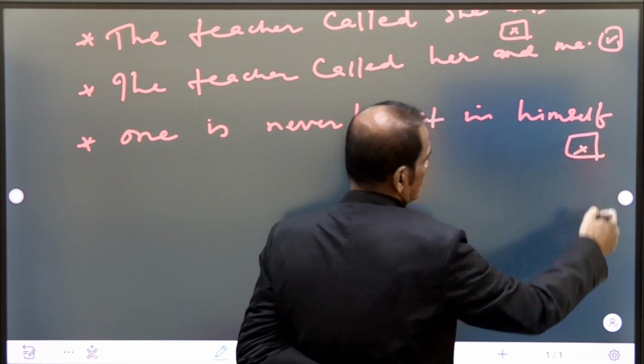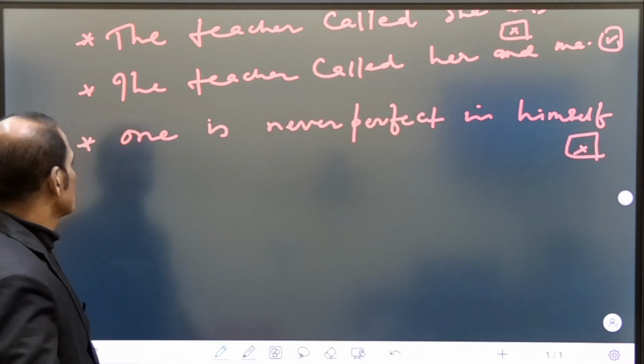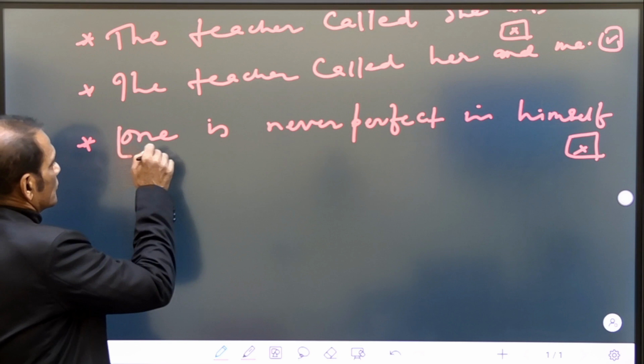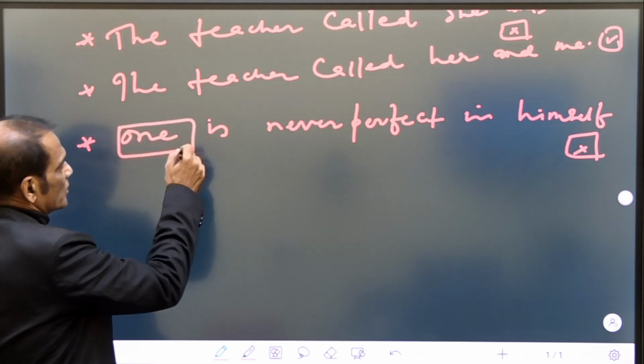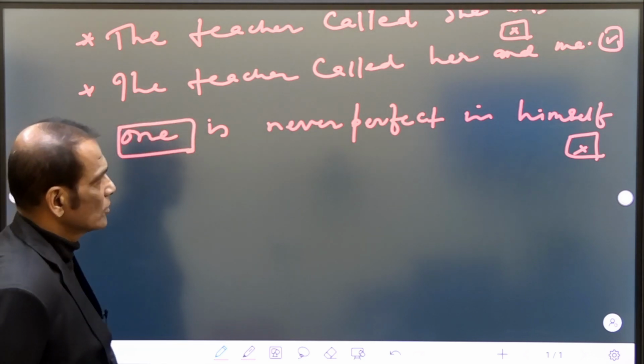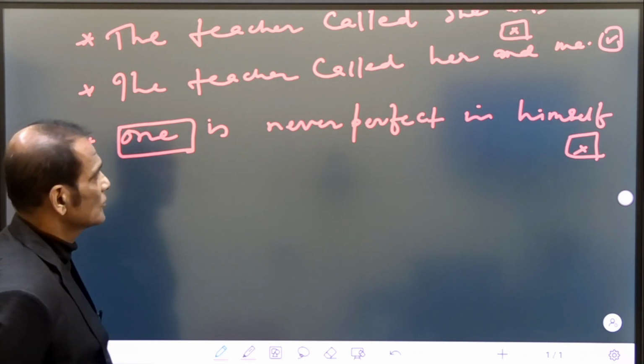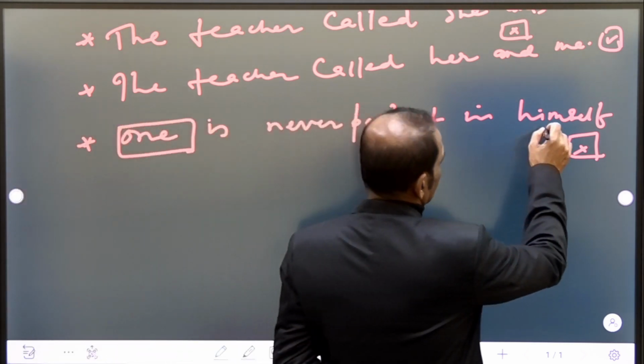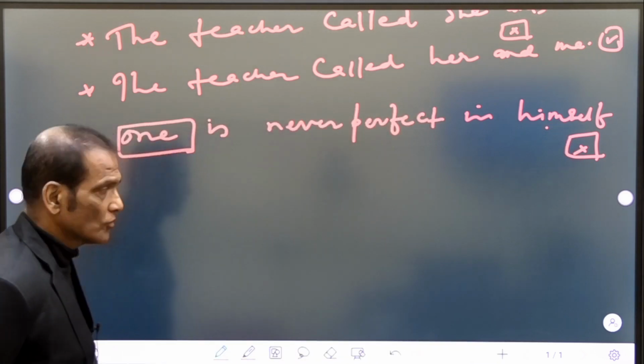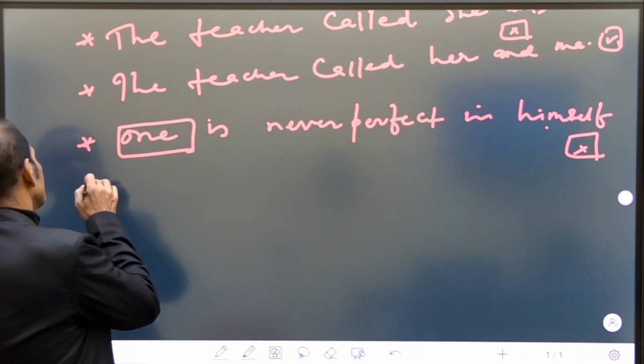This one is also incorrect. Here pronoun is one, here it is nominative form, and reflexive form of one is oneself, not himself. So here should be oneself.